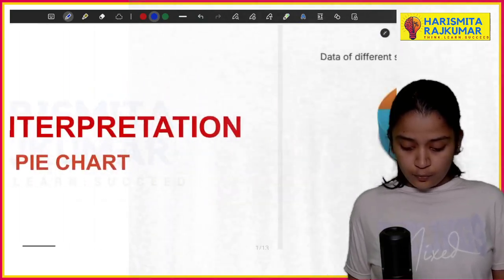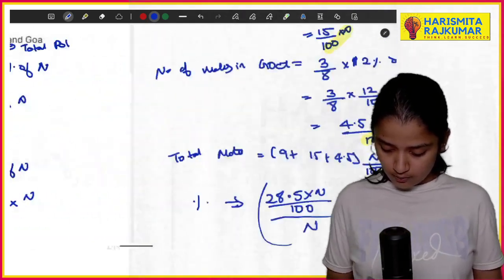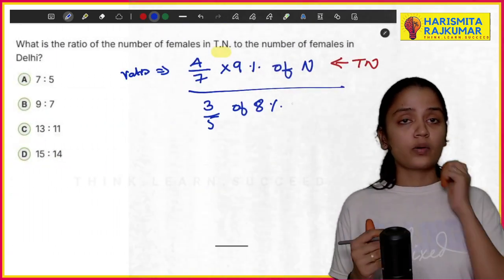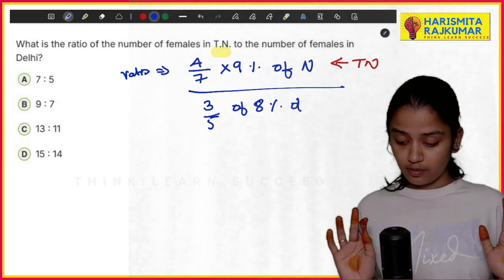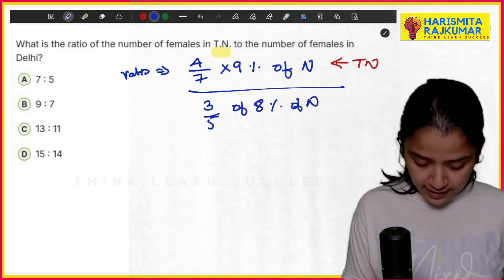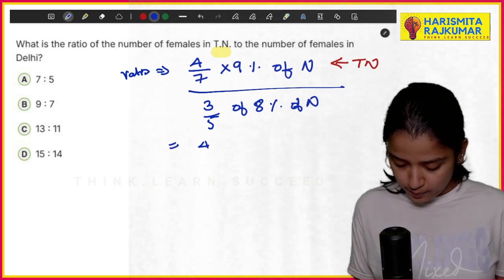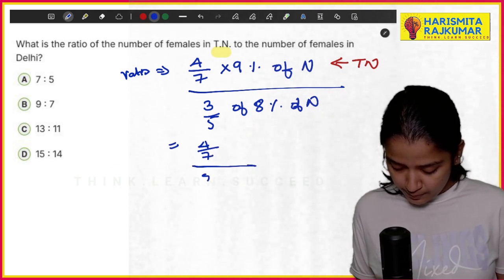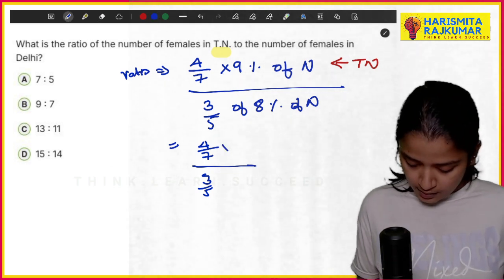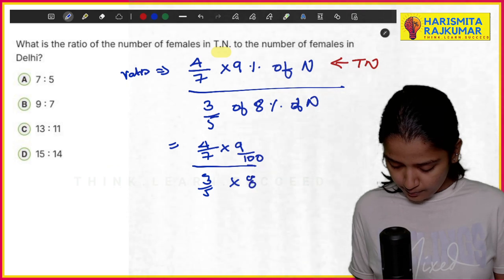Yes, for Delhi it is 8% of N. This is the number of females in Delhi, and we can cancel everything. So you will have 4 by 7 into 9 by 100, divided by 3 by 5 into 8 by 100.